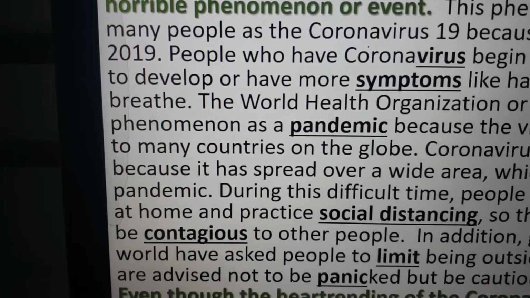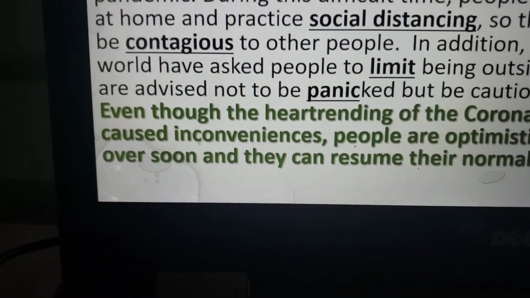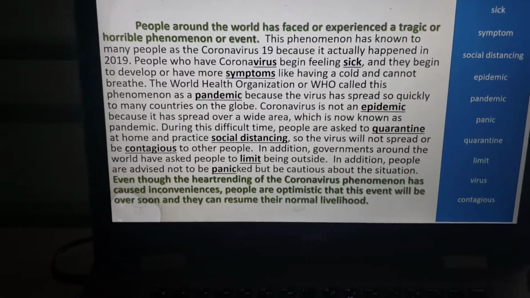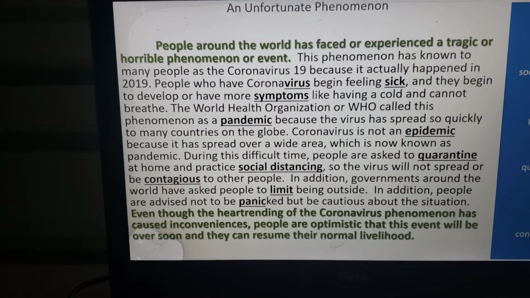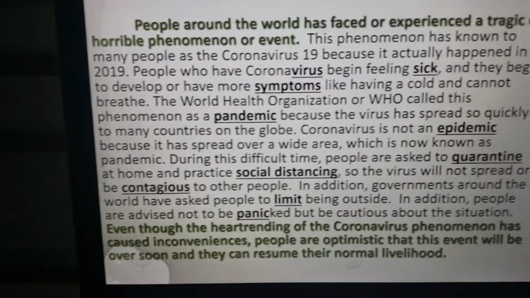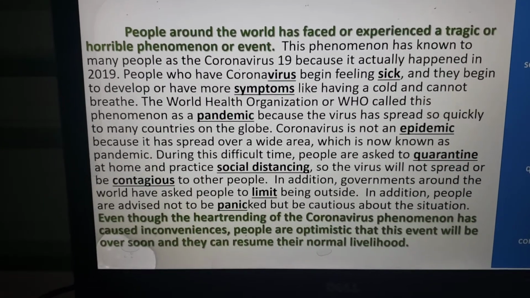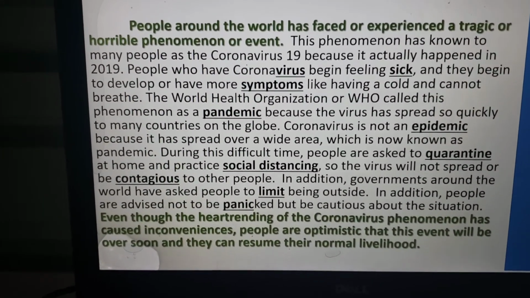We call them supporting details. And then we close the story with a closing sentence or concluding sentence. So this is a short essay or a short paragraph or a short story. And this story is called non-fiction because the story is real.